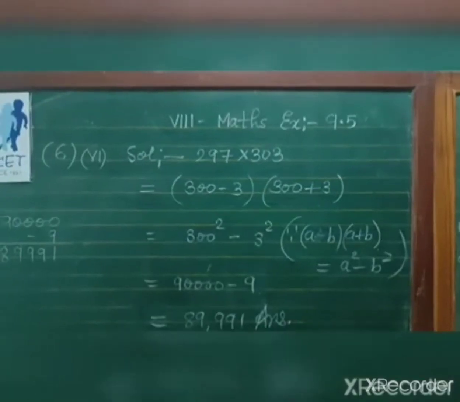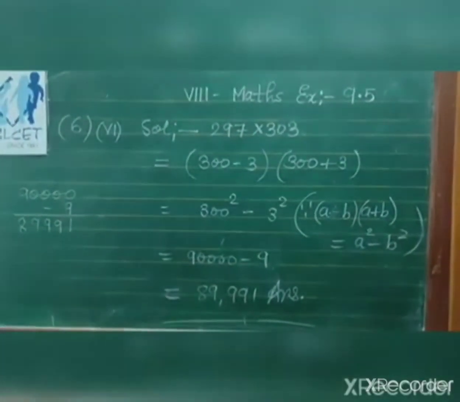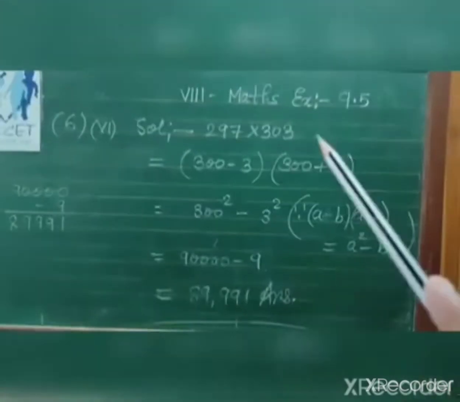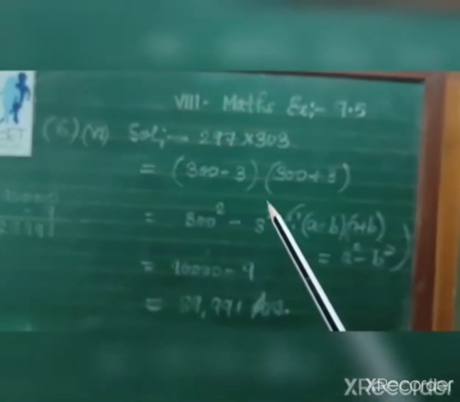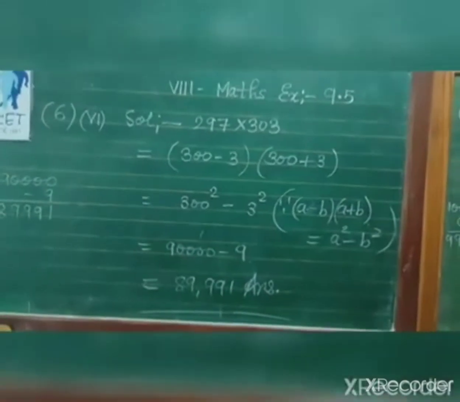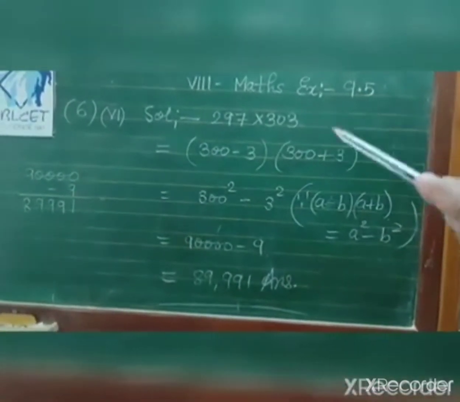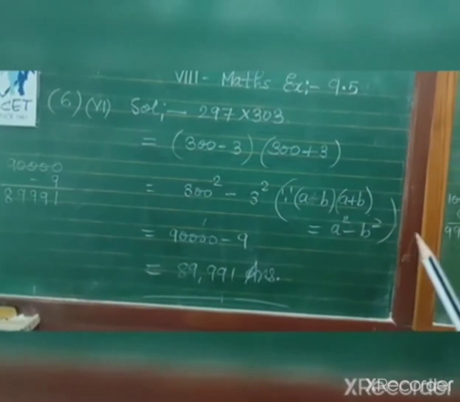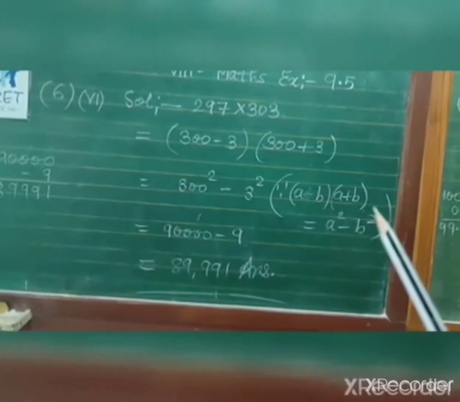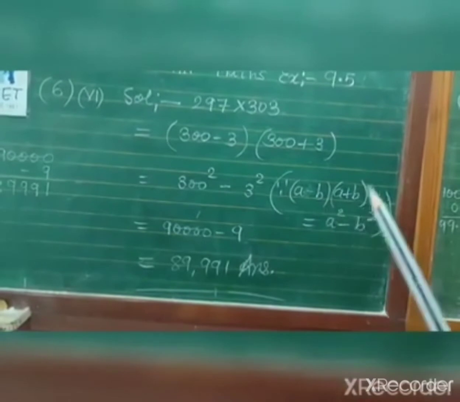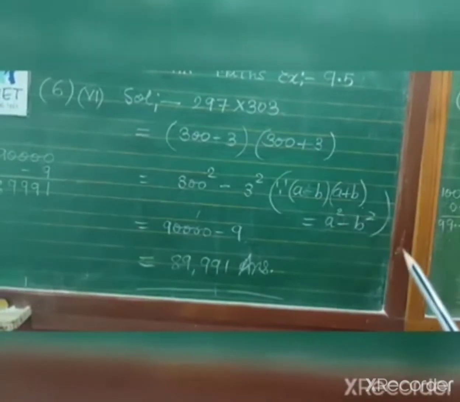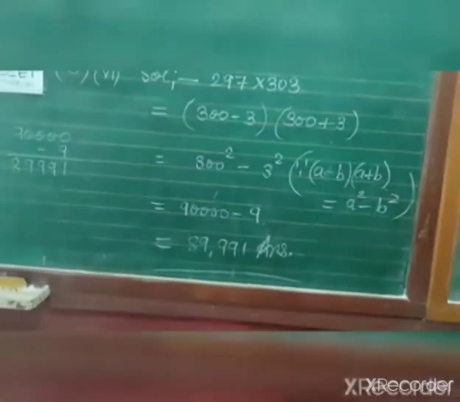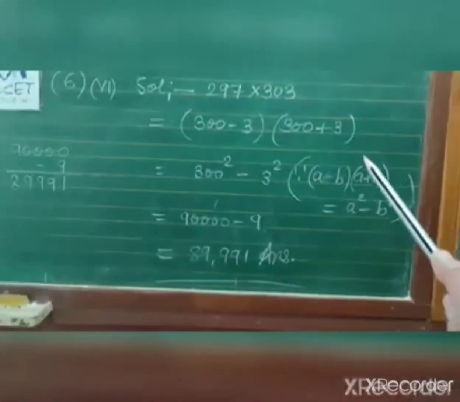Next one I am solving for you. 297 into 303. So we can write it's near to 300. So 300 minus 3, 297 we will get, and 300 plus 3, 303 we will get. And we know the formula, that means identity, a minus b into a plus b equals a square minus b square. Here in the place of a, 300, and in place of b, 3.